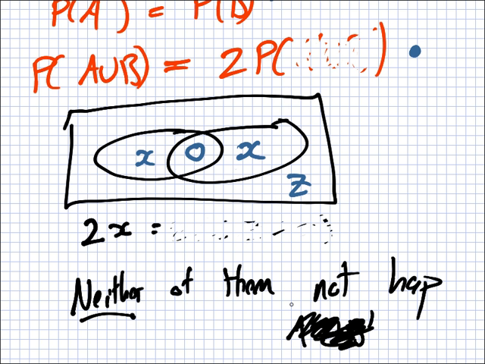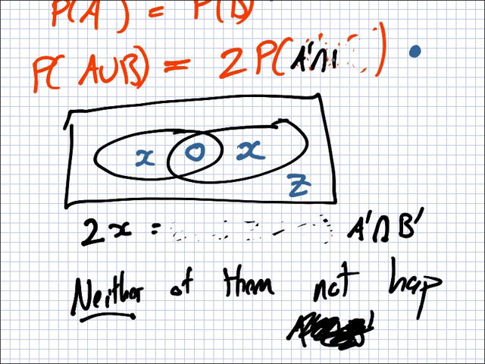Neither of them not happening. That means not A and not B. Yeah, maybe. We could ask Connell, he's upstairs.